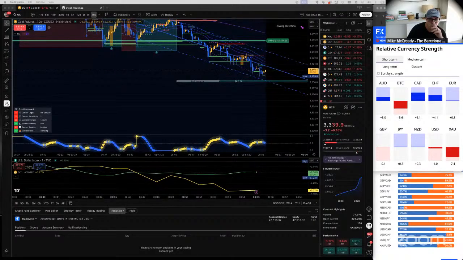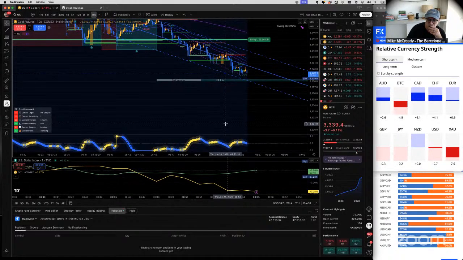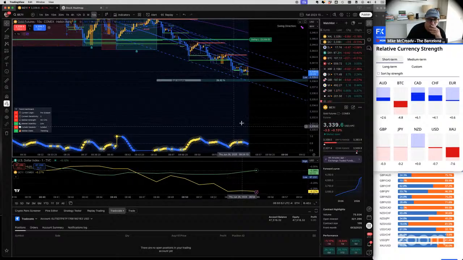Right now, it's just kind of snapping back up to the pivot. Might not even make it through the pivot. Might just say this is a reversal. Although we are seeing a lot of selling pressure. Retail traders are long. 70% of retail traders are long.